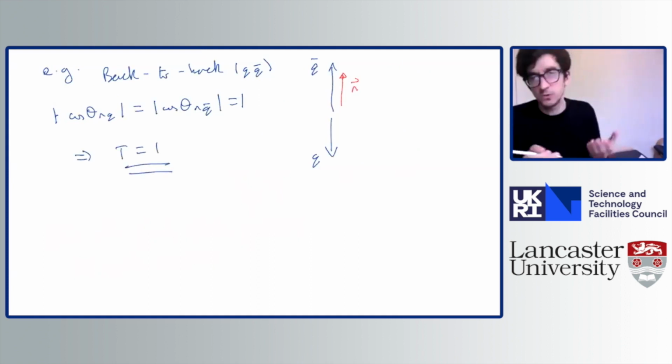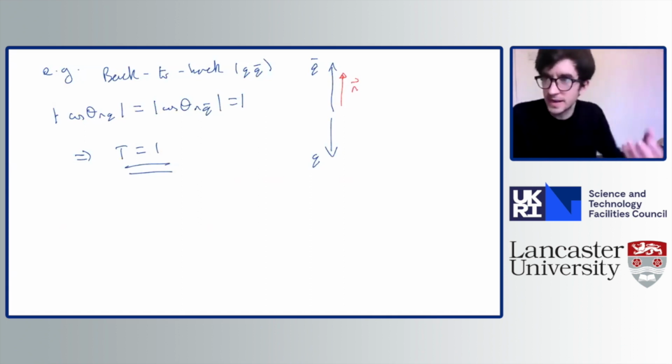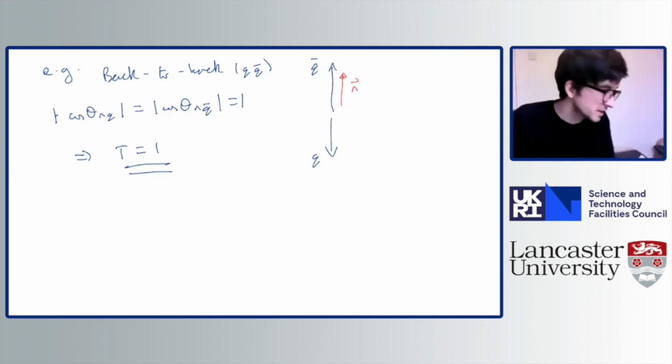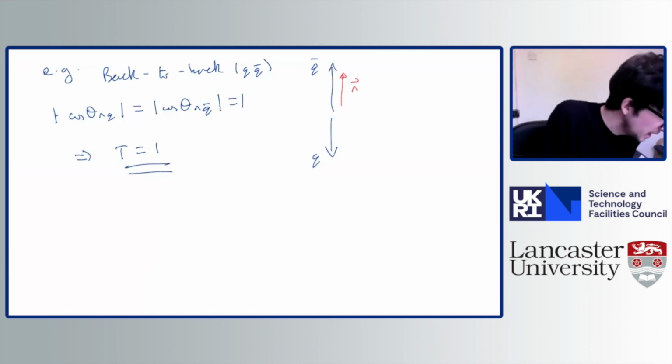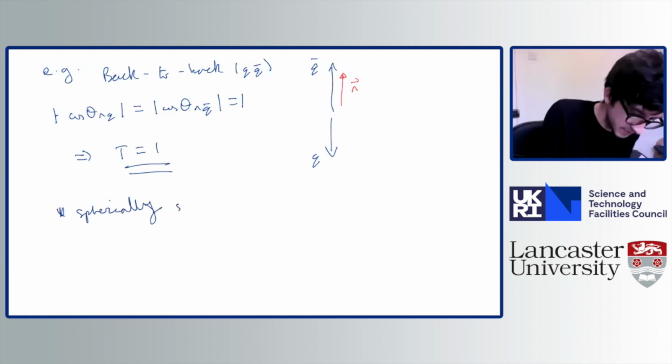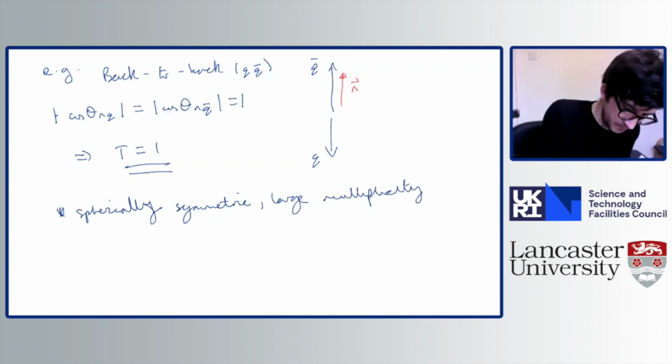So this is why it's called thrust, because it tells you about how pencil-like, thrusty, if you like, the event is, and T of 1 is something which is purely going along one line. Whereas for a spherically symmetric, high multiplicity event, you'd have T of a half.